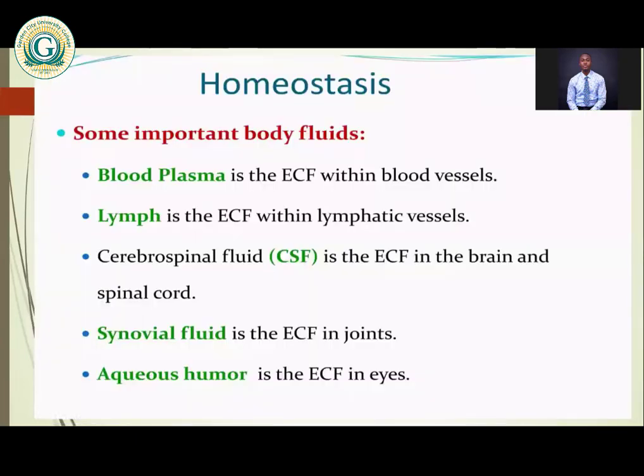The transcellular fluid is made of lymph, cerebrospinal fluid, synovial fluid, and aqueous humor. All these four are under transcellular fluids. So the three main types of extracellular fluids are interstitial fluid, plasma, and transcellular fluids. Then under transcellular fluids, you have the lymph, the cerebrospinal, the synovial, and the aqueous. Thank you very much.